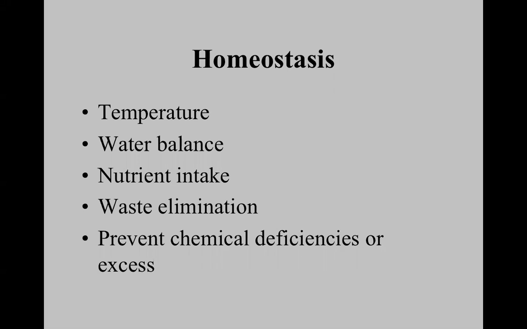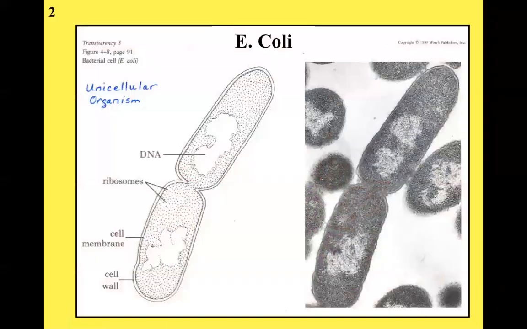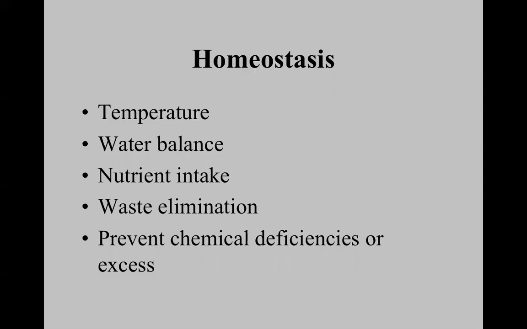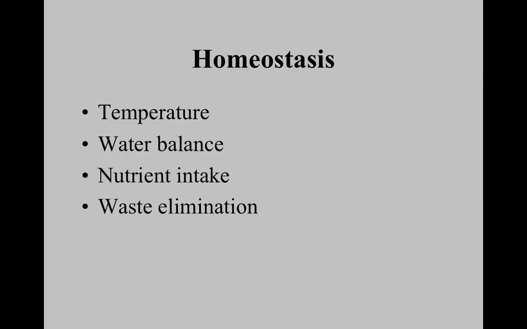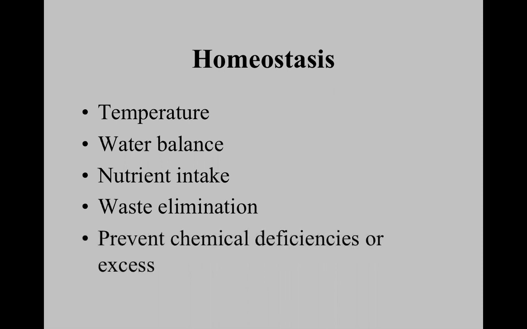All of these things are important in understanding the idea of homeostasis within a cell. So temperature, water balance, all these things want to be constant. Nutrient intake, waste elimination, and the prevention of chemical deficiency or excesses. So this is what we mean by homeostasis.